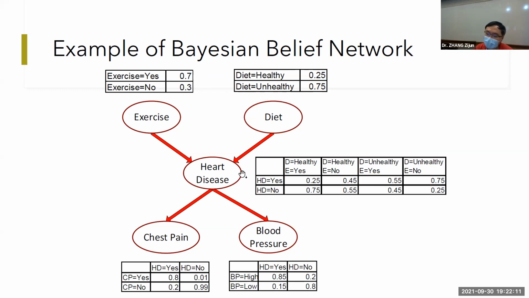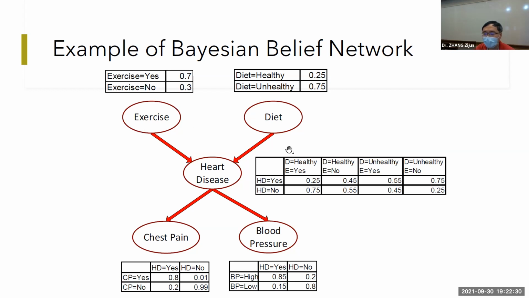And if a person has heart disease, he might further have chest pain, or he has some irregular pattern of the blood pressure. Okay. Based on such kind of relationship, we can generate tables of probability.